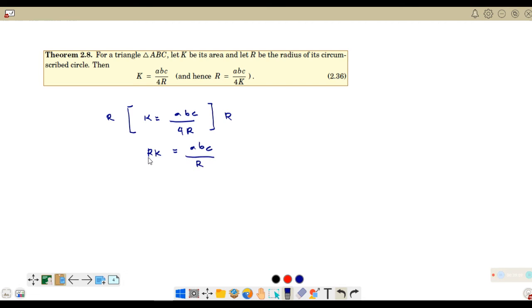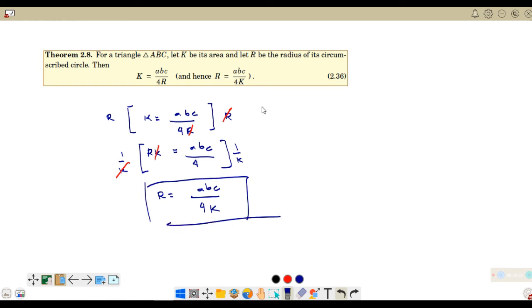We have to get rid of K. Next, multiply both sides by 1 over K so that we will only be left with R. You will be left with R is equal to ABC over 4K. Dun lang yun galing.